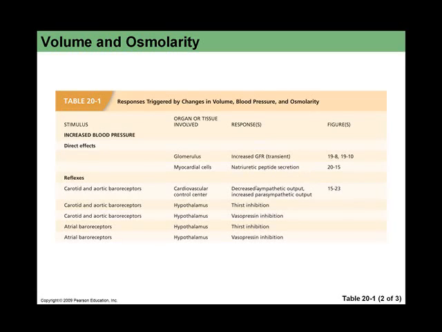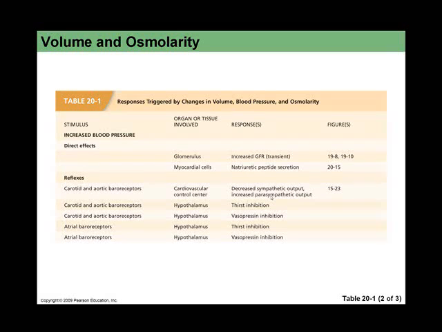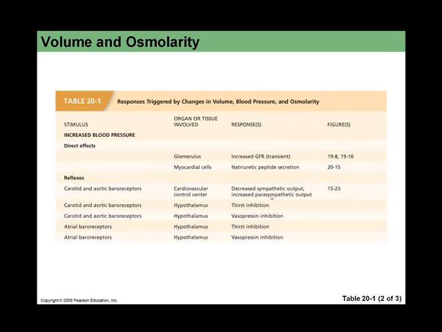We are increasing the size of the container here, as well as changing the parameters for mean arterial pressure, cardiac output, which depends upon heart rate and stroke volume, and the total peripheral resistance.